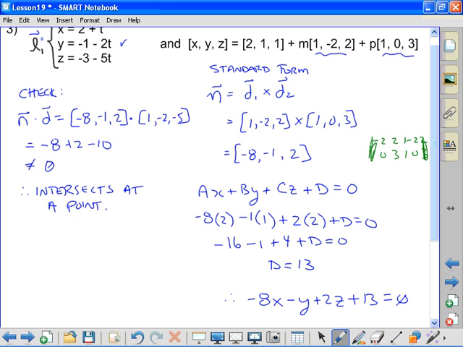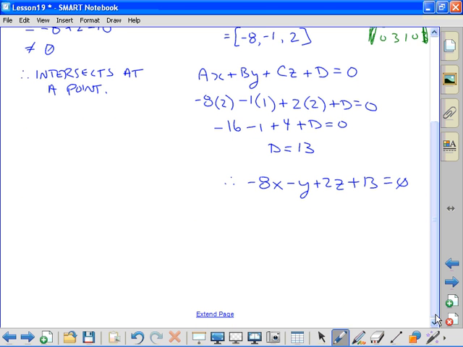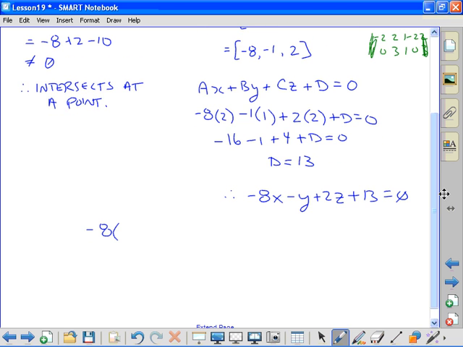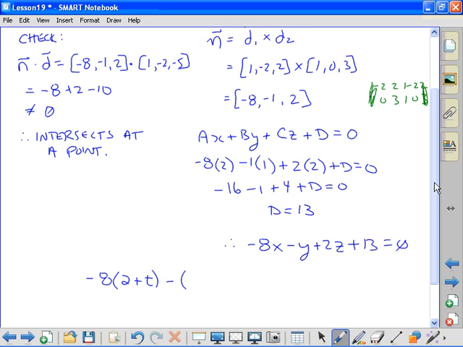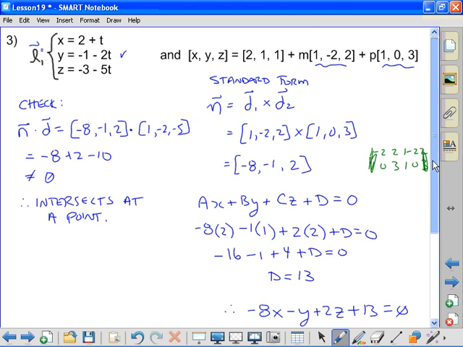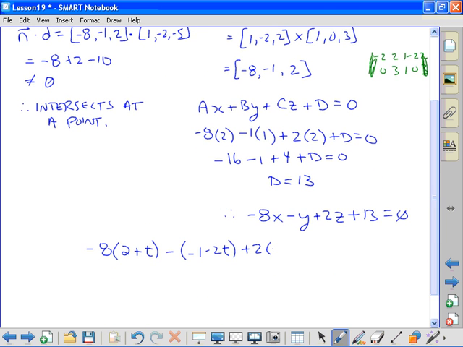So down below then, I can now go ahead and solve, except I need my parametric form, which is a little bit inconvenient at this point in time. Negative 8 times 2 plus t, minus the y, negative 1 minus 2t, plus 2 times negative 3 minus 5t, oops, plus 13 equals 0.